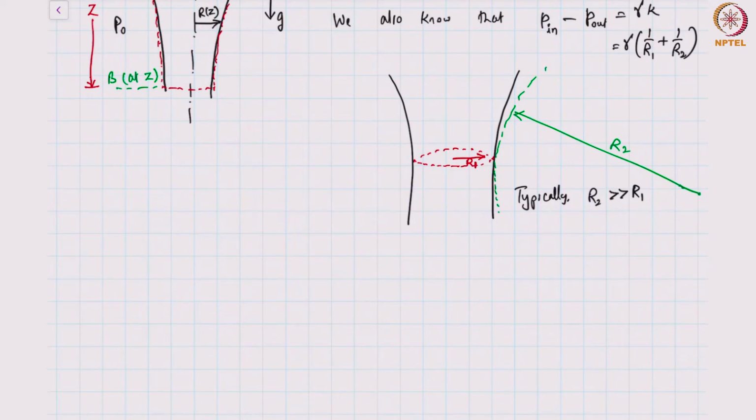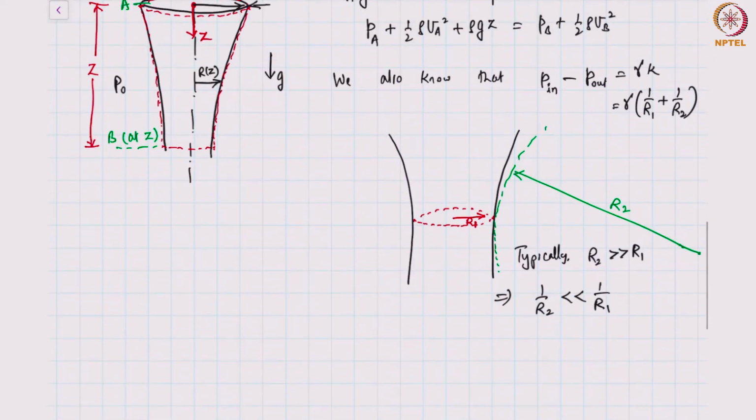So this immediately means 1 by R2 is much smaller than 1 by R1. So I can now conclude that the pressure inside minus pressure outside is approximately gamma by R1.